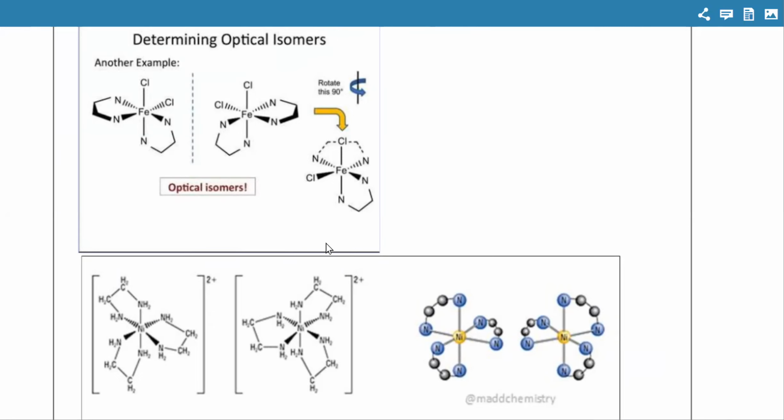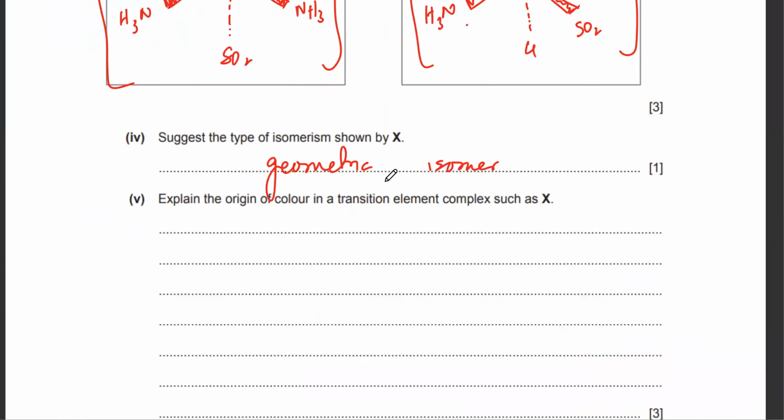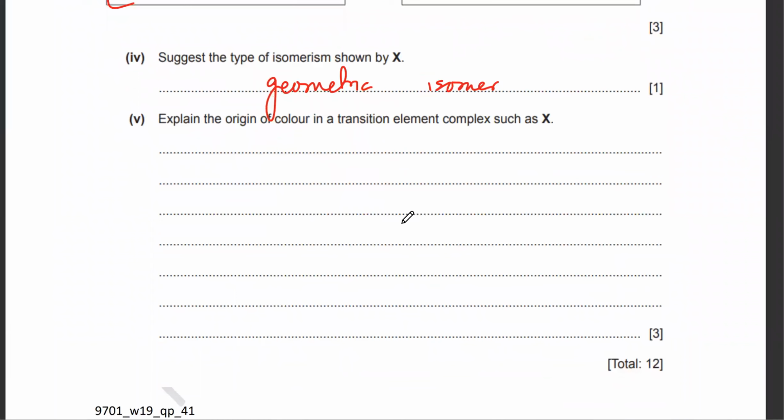Now the next thing, what's the other one? Explain the origin of the color. So you have to write the whole story. Ligand lone pairs cause repulsion, the d orbitals split into 2 energy levels, and an energy gap is created.